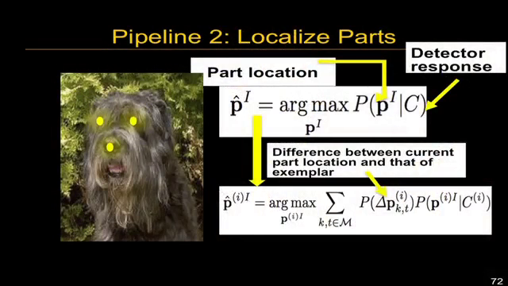Is the left eye not here? Those work pretty well, but they give a lot of false matches as well, and they don't capture the overall configuration of the face. So we might get a pretty good response saying the left eye is over here, and the right eye is over here. But we know that the left eye is always to the left of the right eye. We know that the nose should be underneath the eyes.